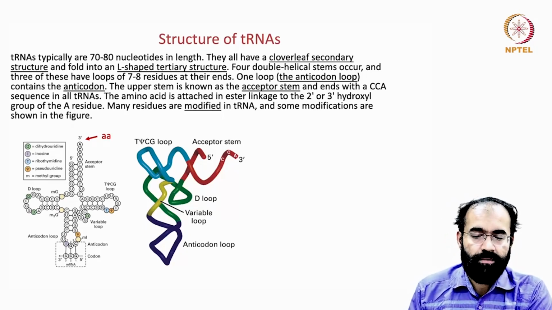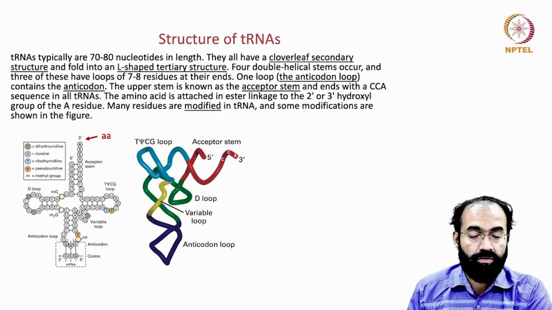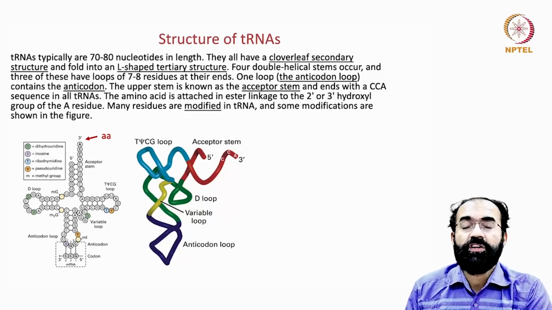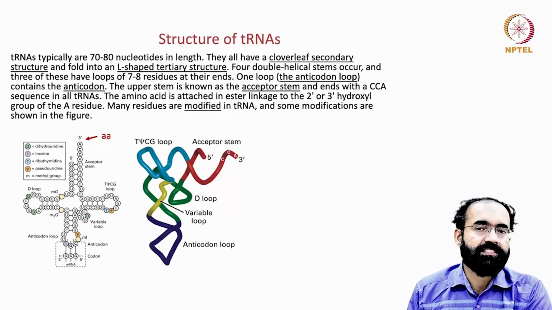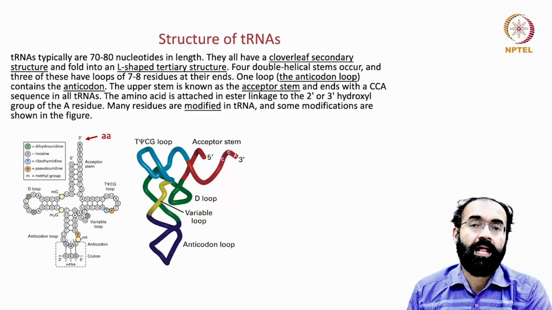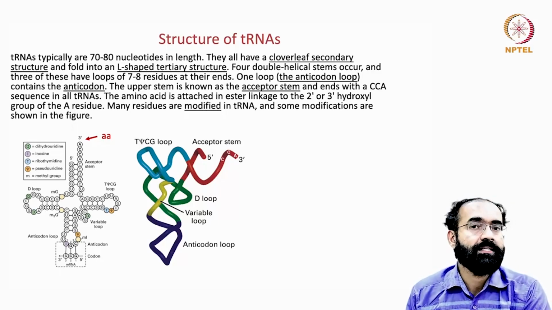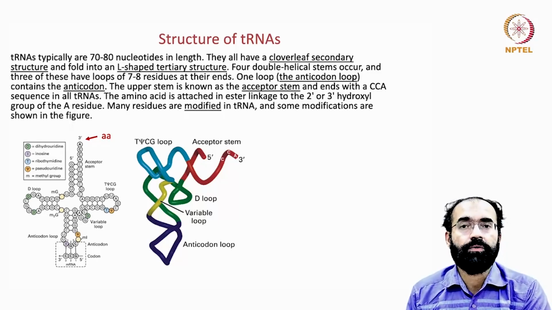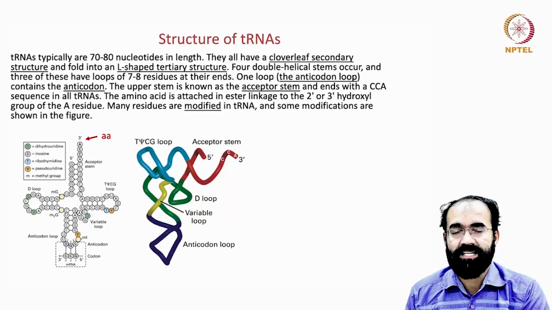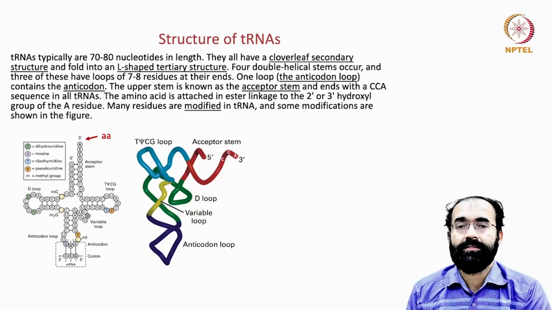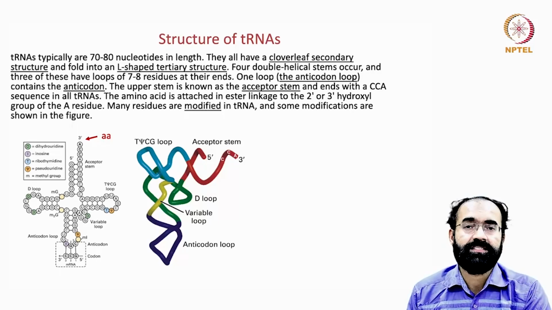Many residues are modified in tRNA, and some modifications are shown here below. Some of them we have already discussed. This is called RNA editing, which allows you to do the maximum with the minimum. Some modifications change bases into inosine. Inosine is a neutral base. It pairs equally well with all 4 bases, A, G, C or U. It neither attracts nor repels.